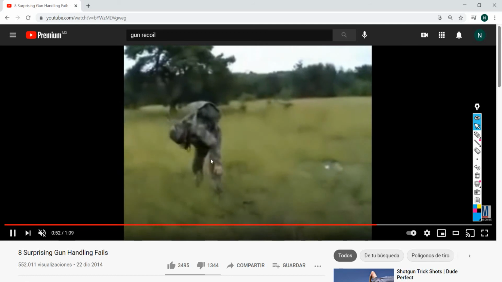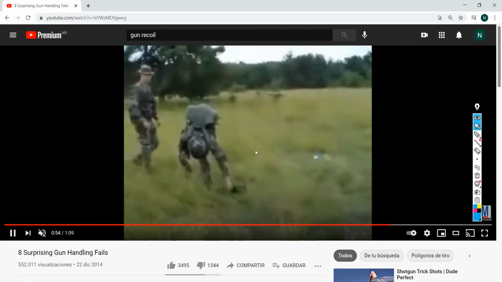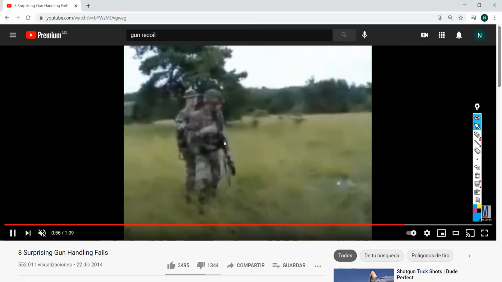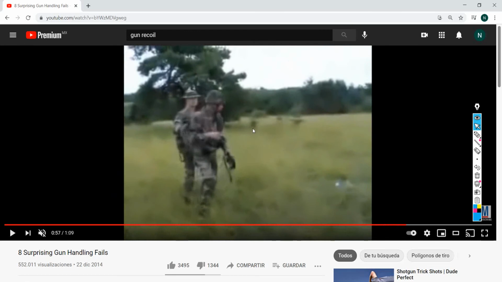Wow, that's extremely dangerous. That's why you have to be in the hands of experts when you handle a gun. If you don't know how to handle a gun, it can be very dangerous. And it's just physics, right? It's basic physics. So don't ignore the laws of motion, guys, because it can be dangerous.